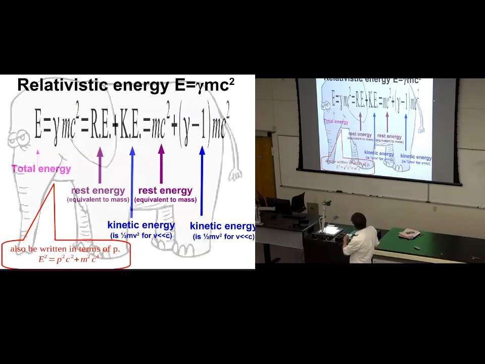This is another way you'll see relativistic energy written, but in terms of relativistic momentum rather than the gamma factor here. I wrote it down here because this is an often used equation, and there's, I think, a homework example that uses this version of this relation.